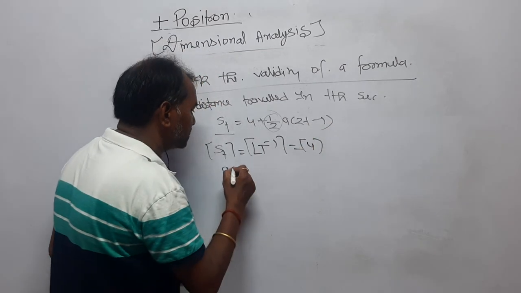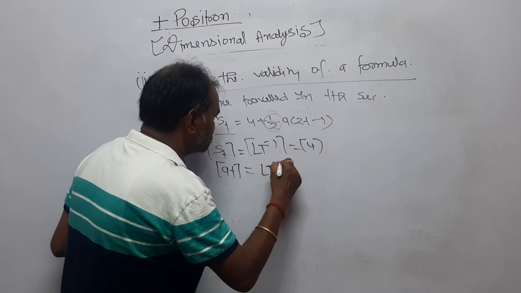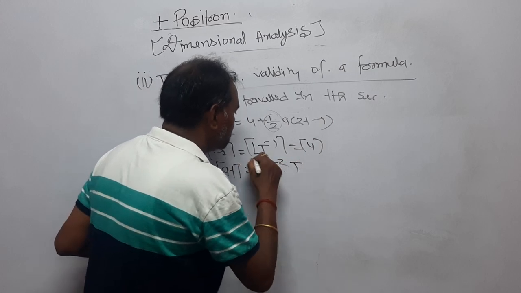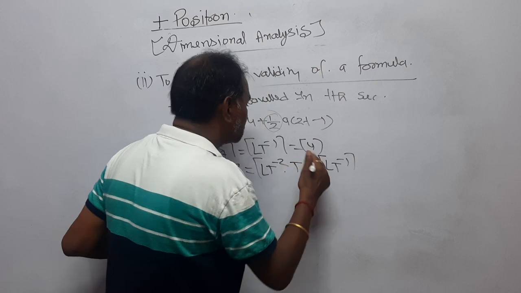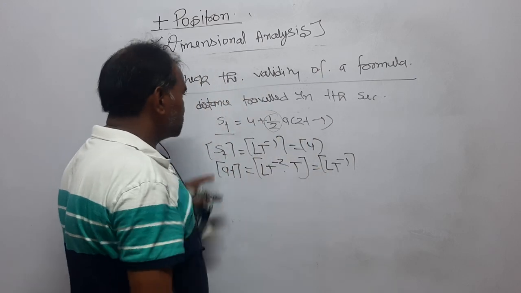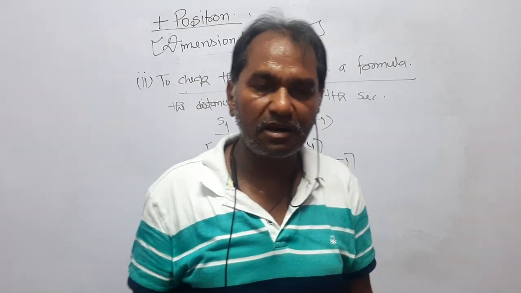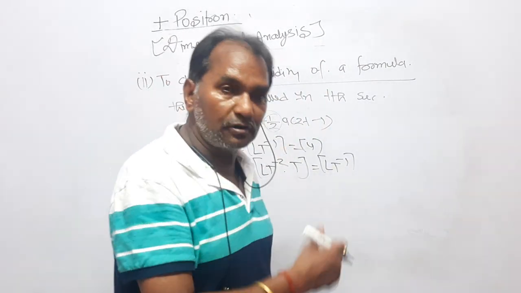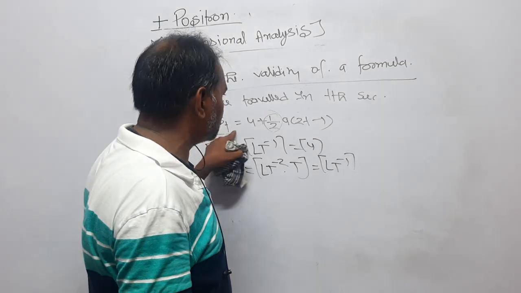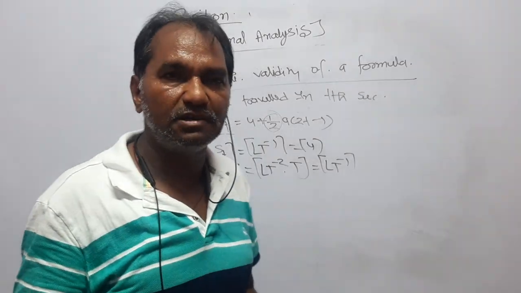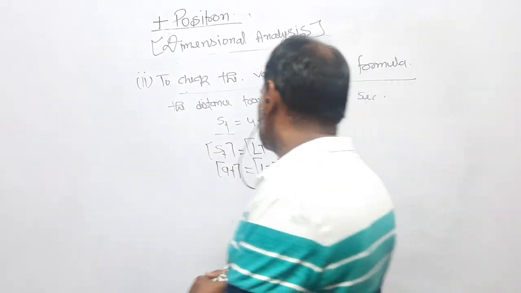Similarly, you have to consider here t. a is L T to the power minus 2 and time t is T. That is L T to the power minus 1 again. It means all the three components, s suffix t, u and half a (2t minus 1), have the same dimension. It means this fourth equation of motion, the distance traveled in the tth second, s suffix t is equal to u plus half a (2t minus 1), is dimensionally correct. So it is a correct formula.